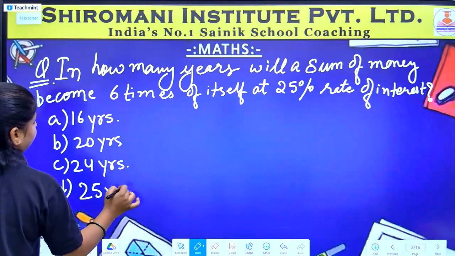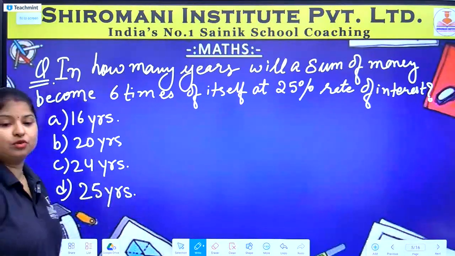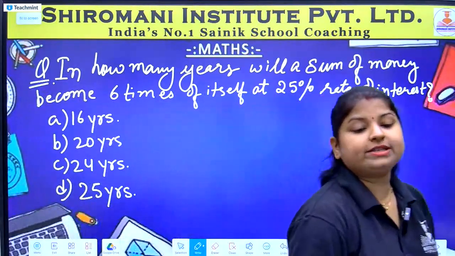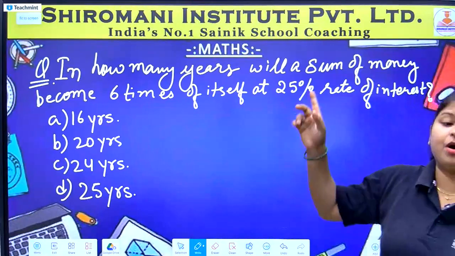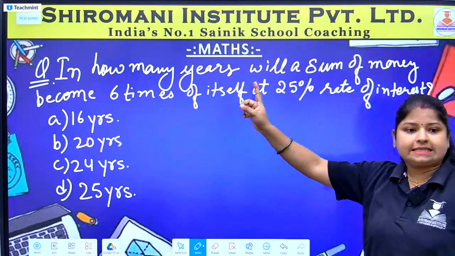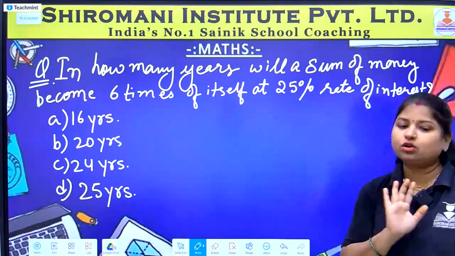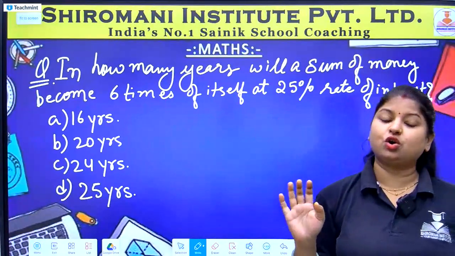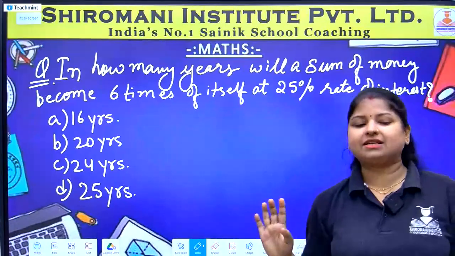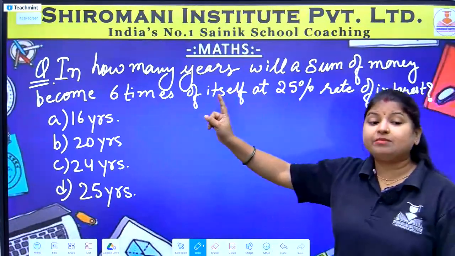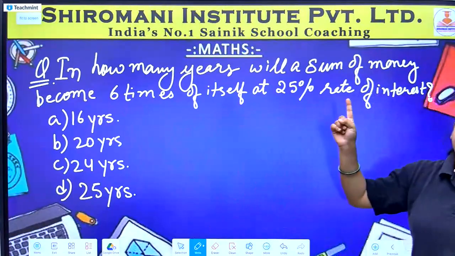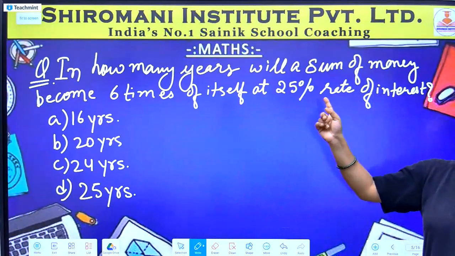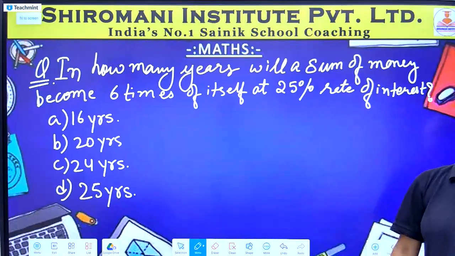Okay. Let me explain the question and then I shall give you the poll, beta. The question says, in how many years will a sum of money become 6 times of itself? I don't know the sum of money in this question either. I only know that whatever the sum of money is, it becomes 6 times of itself if the rate of interest is 25%.